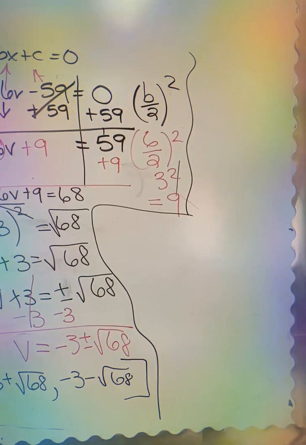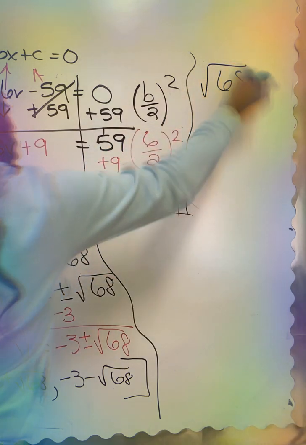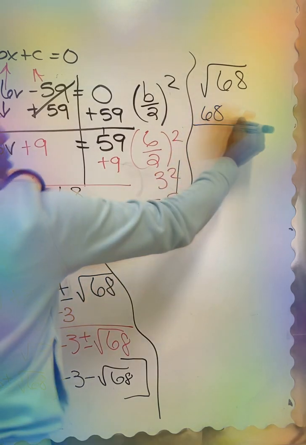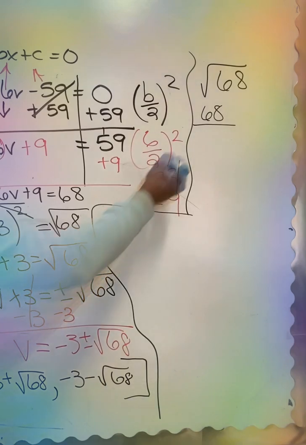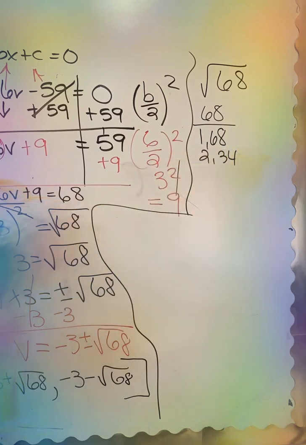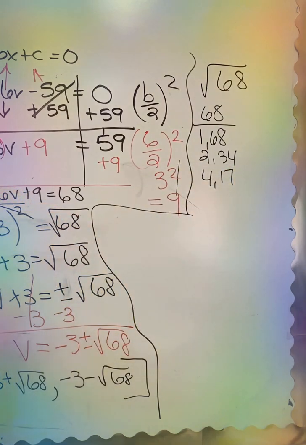Okay. So we have the square root of 68. You can do the prime factorization of this, or you can go ahead and list the factors of 68. Right. The factors of 68 we know are 1 and 68, 2 and 34, 4 and 17. I think that's about it.